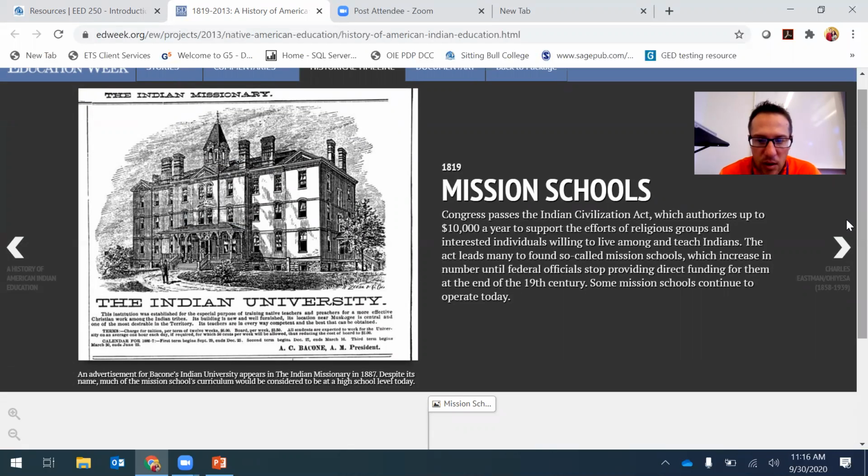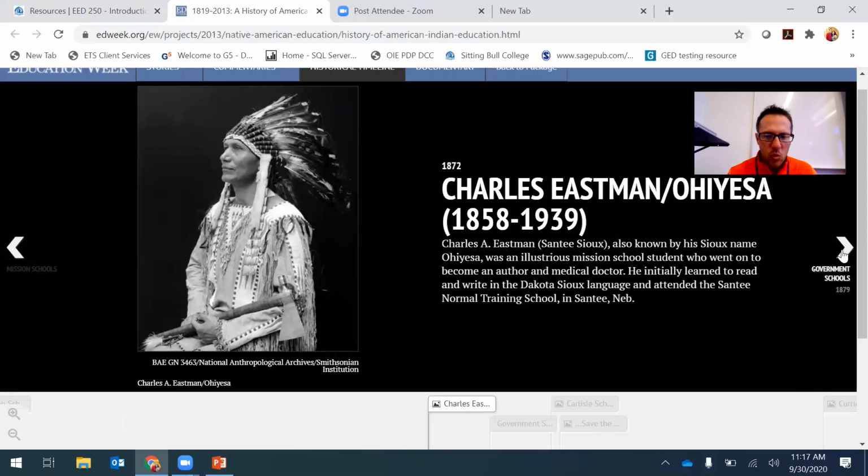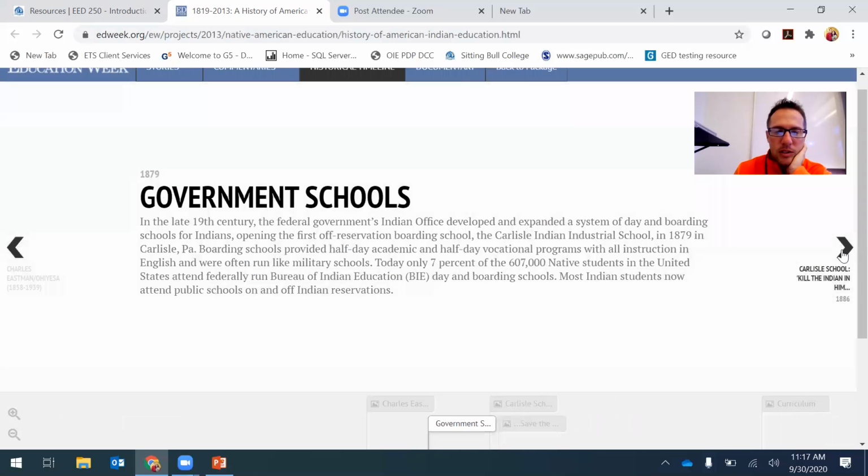So as you can see here, the government pays up to $10,000 a year to religious groups to live and teach out here in our area, to found these mission schools, okay, to teach Native American children. Okay, so it starts way back in the early 1800s, okay, and moves its way through a lot of different components and topics here.